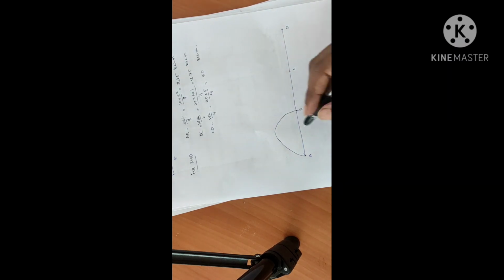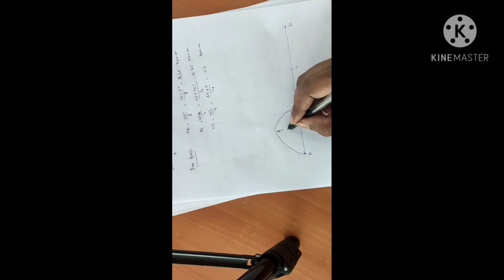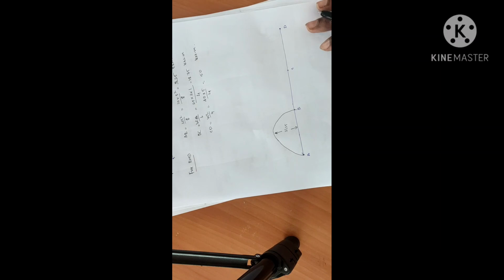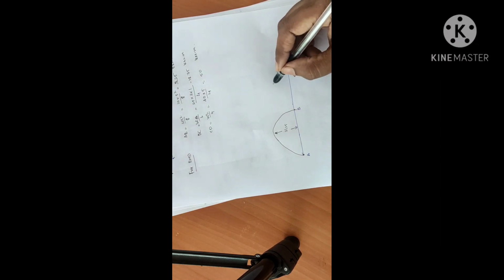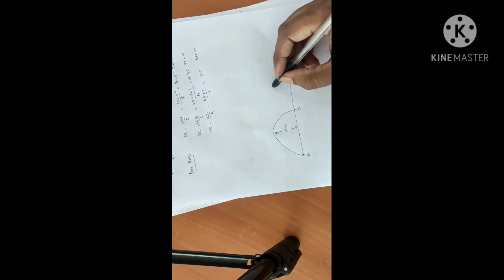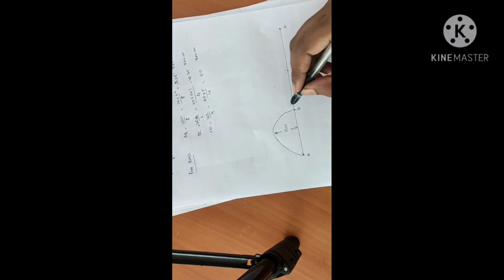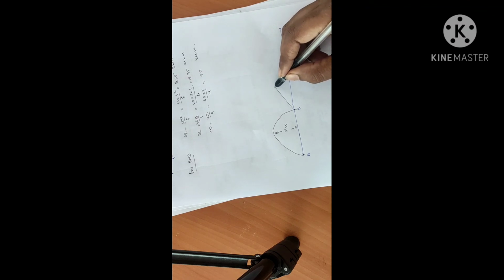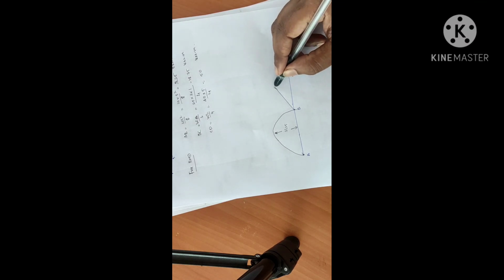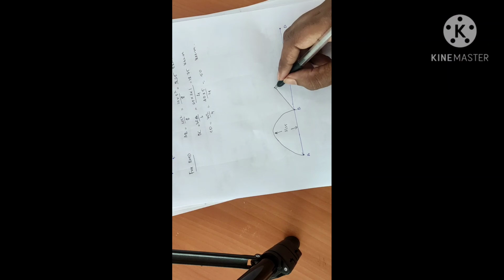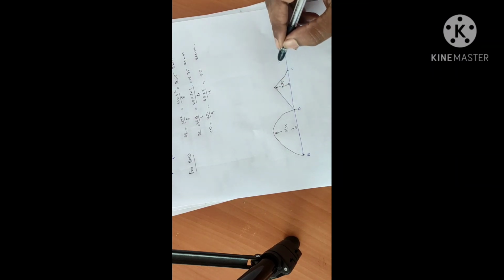For this it is 31.25. For the BC member, it is an unsymmetric point load. It is 18.75, less than, somewhere. If you see the point load, it will be somewhere here, 18.75. For the CD member it is 50. 50 will be higher comparatively to what we draw.